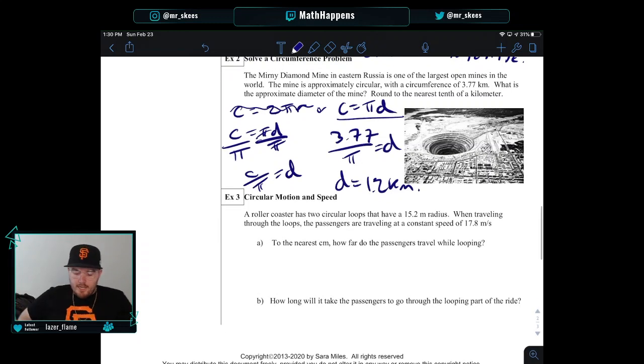A roller coaster has two circular loops that have a 15.2 meter radius. When traveling through the loops, the passengers are traveling at a constant speed of 17.8 meters per second. To the nearest centimeter, how far do the passengers travel while looping?